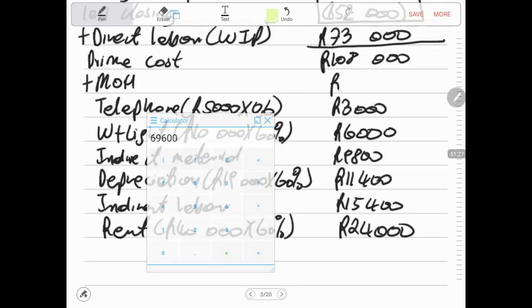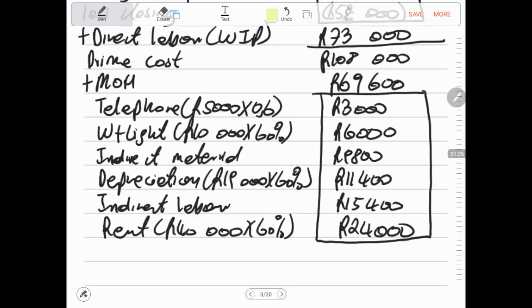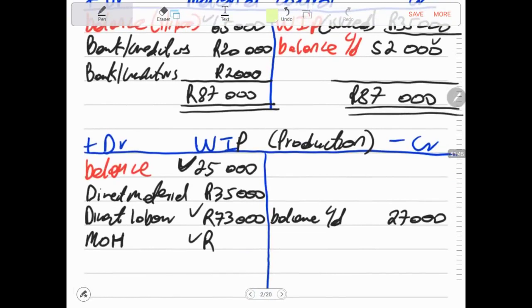This gives me a total of 69,600. So now this is the manufacturing cost. You must make sure that you do all these calculations. So now my manufacturing cost is 69,600. Don't forget that from a ledger account perspective, the 69,600 will be here.